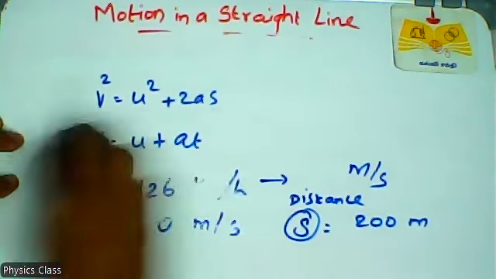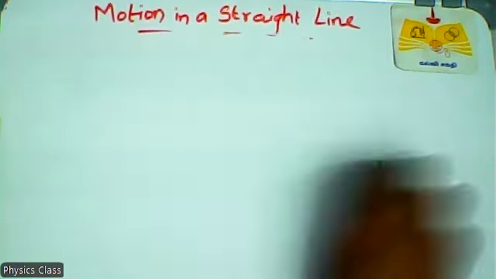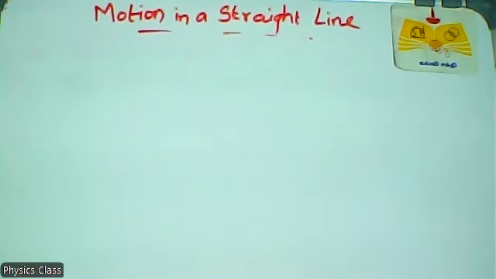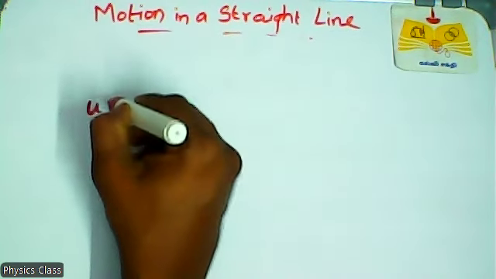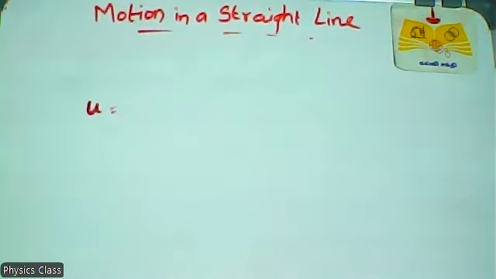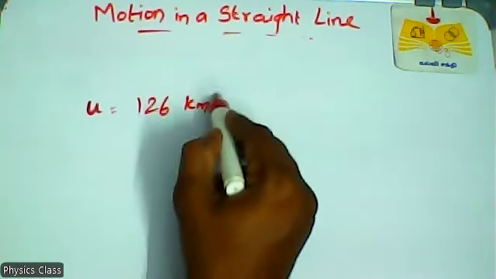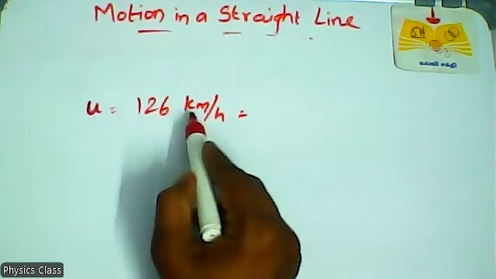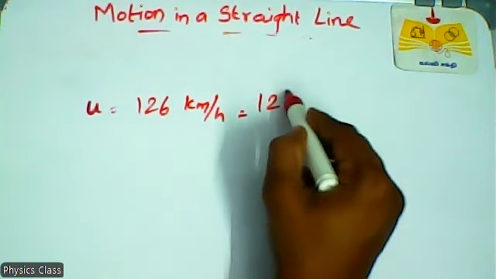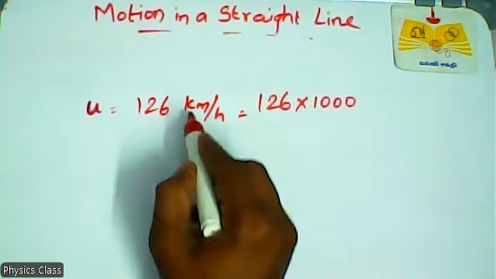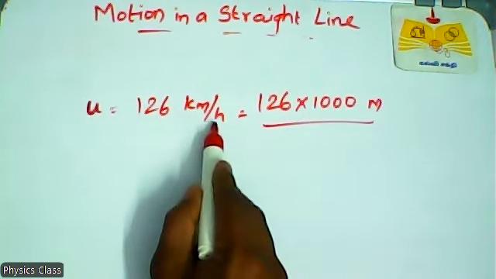So u equals 126 kilometer per hour. 1 kilometer is 1,000 meter, so 126,000 meter per hour.